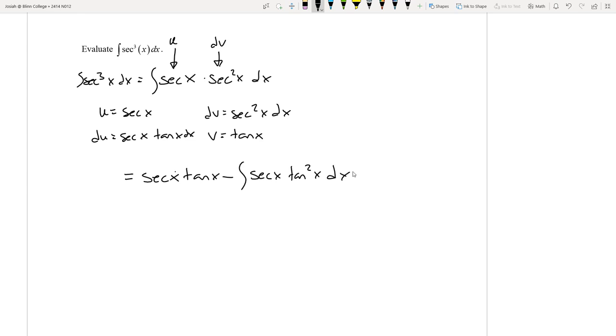All right, and that once again kind of leaves us in a bind here. We don't necessarily know how to deal with this guy either. But we do have tangent squared. And the thing is, that doesn't really have any use in any context other than one in particular.